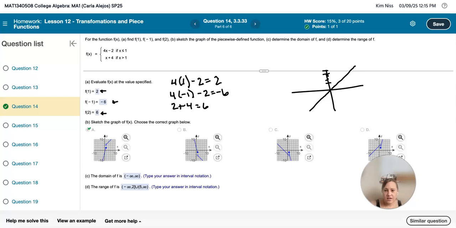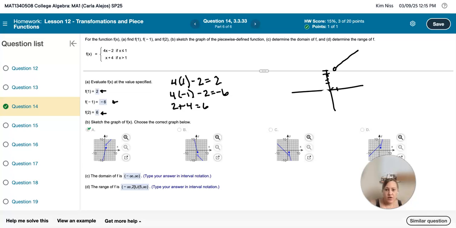And it's only going to be for x greater than 1, which means that's going to be an open circle there. And so in that case, that's going to be our line for that one. Let me erase this one. So that's before the transformation.